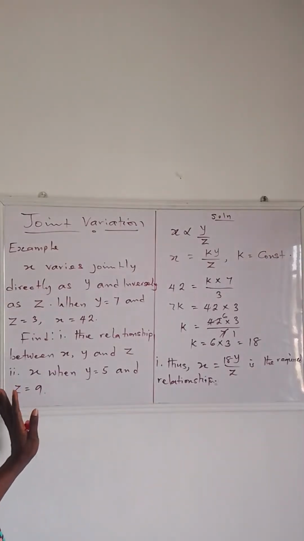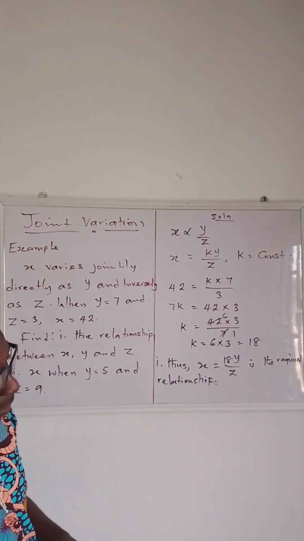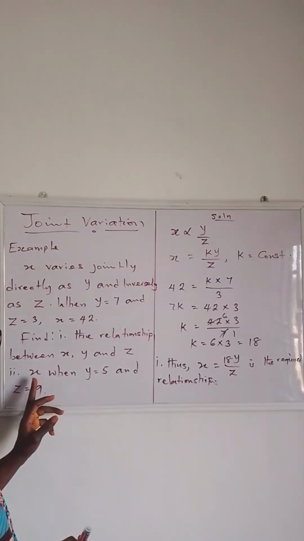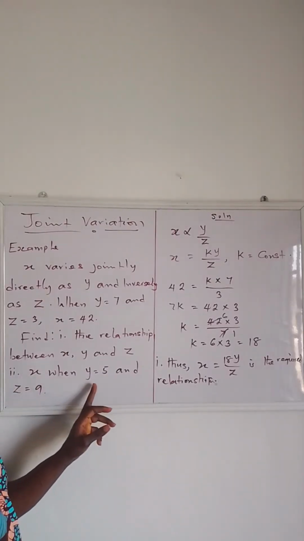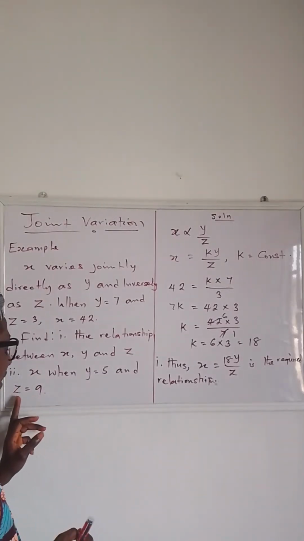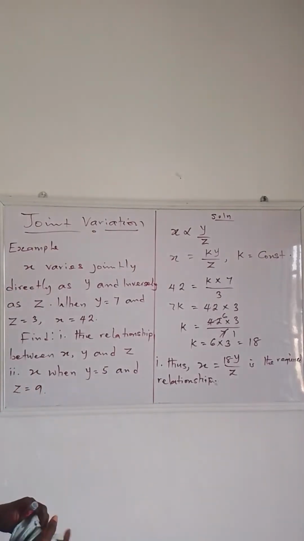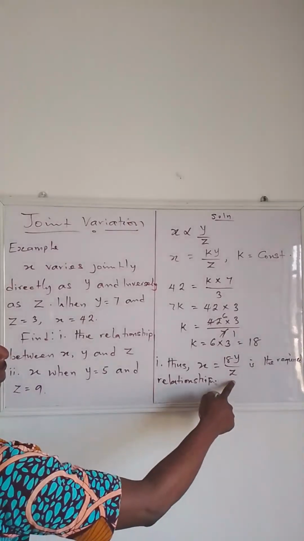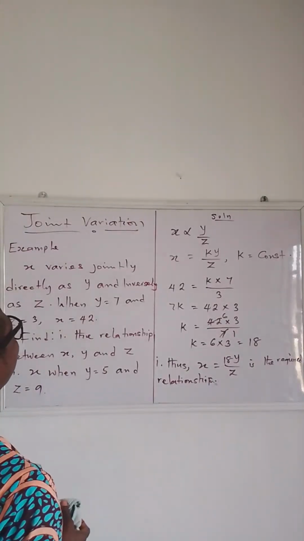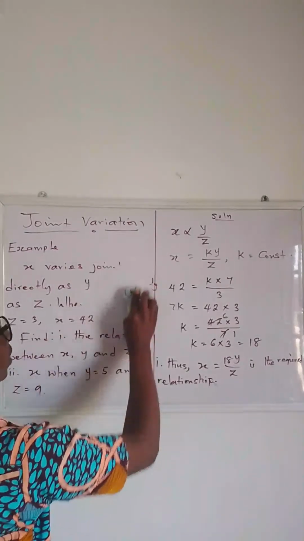Now the question goes further, that you find X when Y is 5 and Z is 9. So we substitute inside this connecting formula.